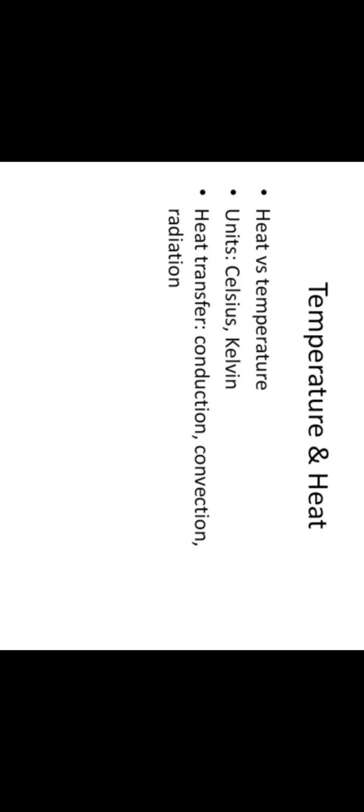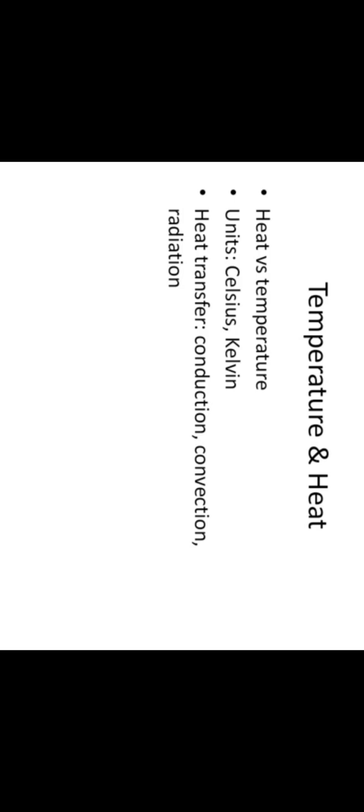Therefore, the temperature of melting ice is 273 Kelvin, and that of boiling water is 373 Kelvin, and the interval between them is 100 degrees. This scale is also called the Kelvin scale. In the SI system, temperature is measured on the absolute scale, that is, the Kelvin scale.